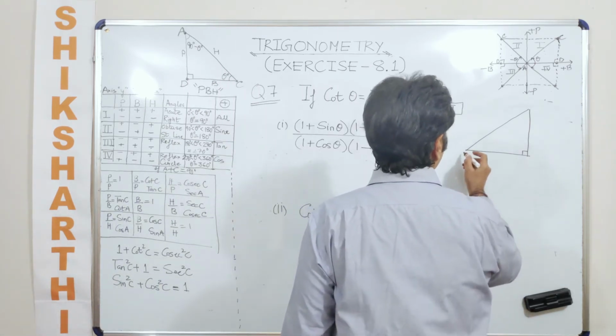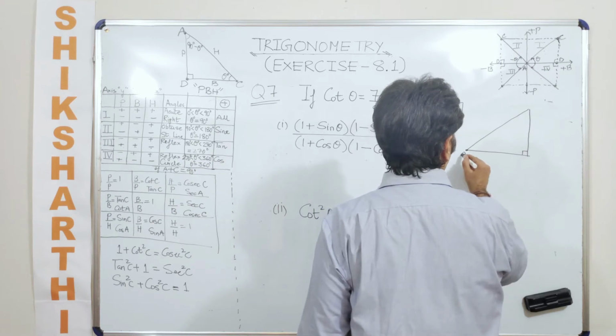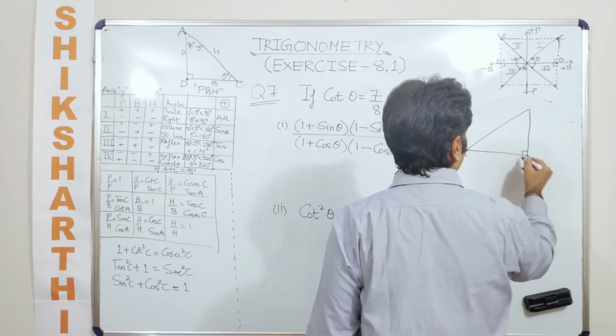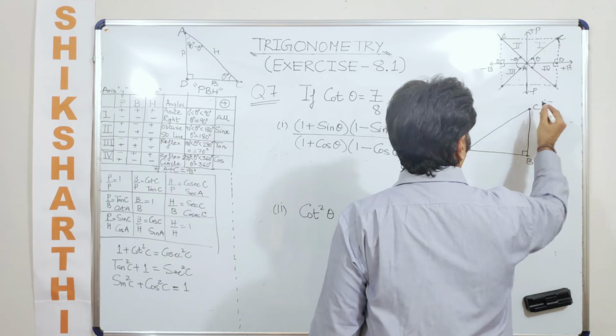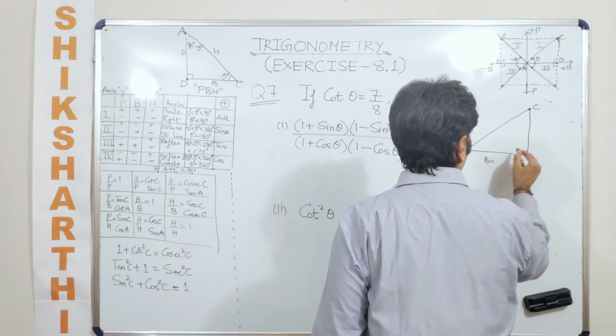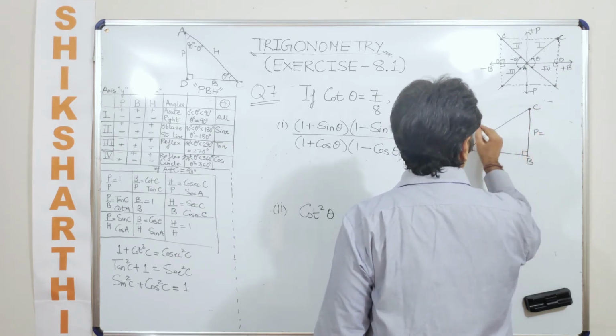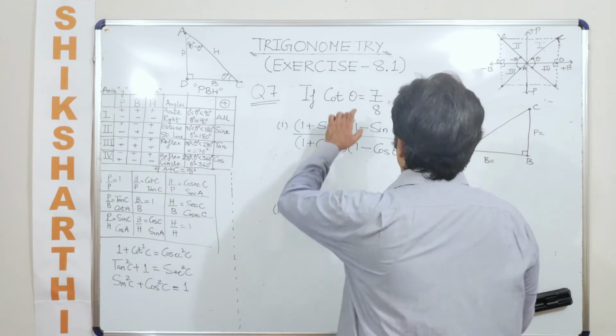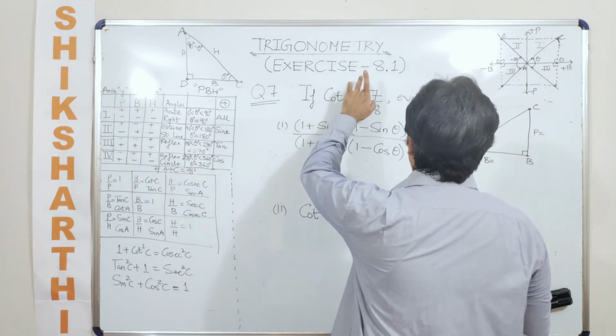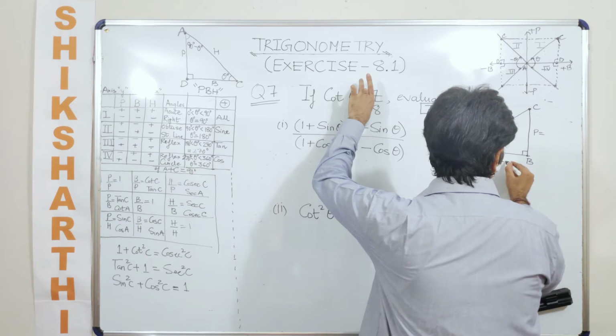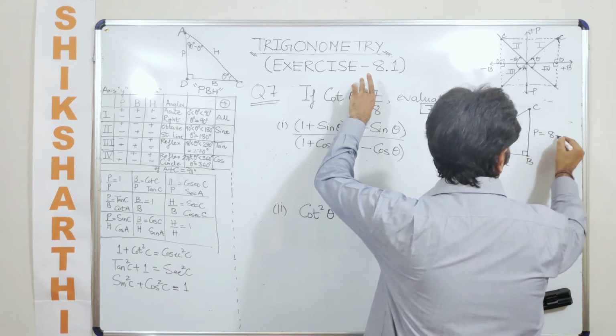Okay. So let's say this is A, this is B, this is C, this is base, perpendicular, hypotenuse. So cot theta is equal to base upon perpendicular. So let's say this is 7x, this is 8x.